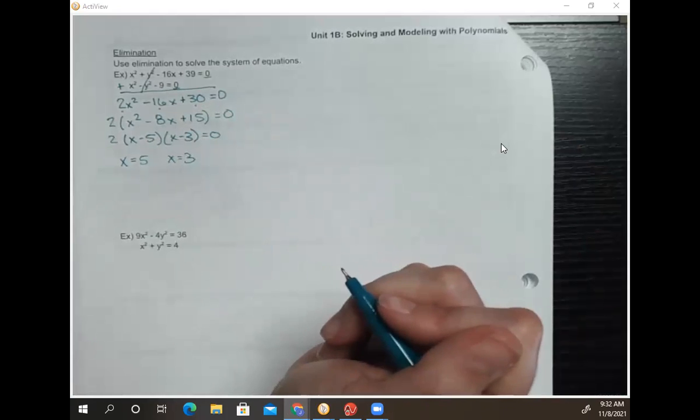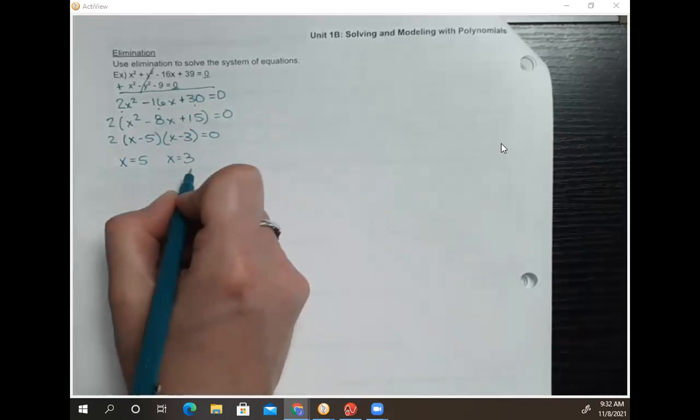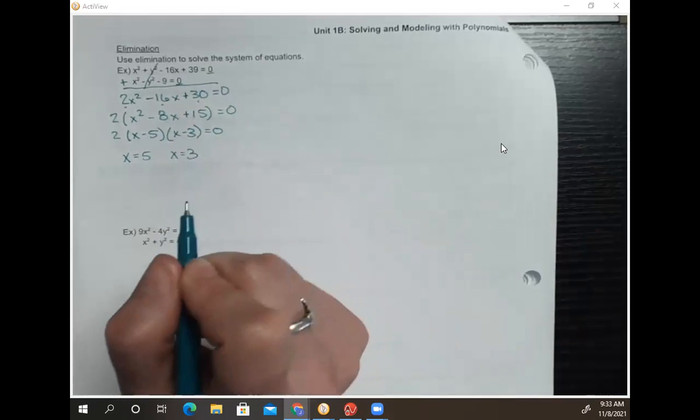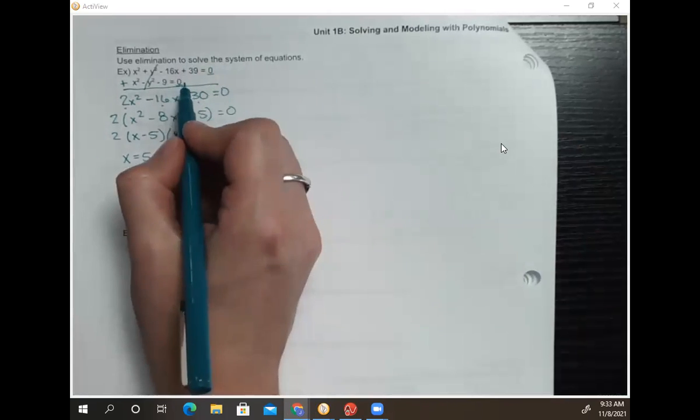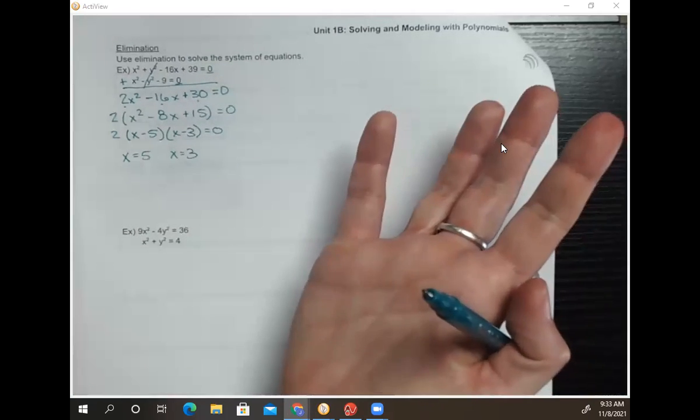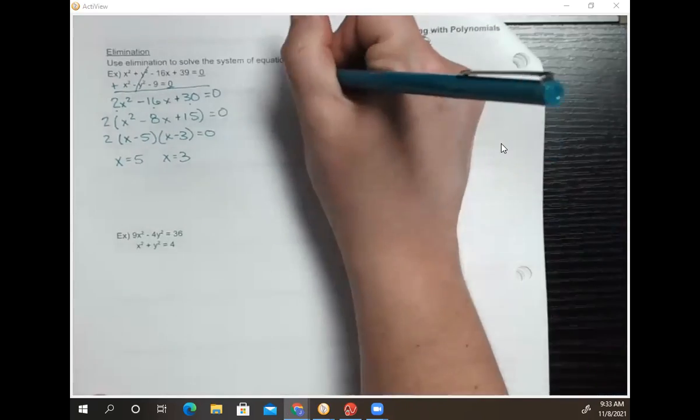And then just like we did with our substitution method, I'm going to take my x values and plug them into one of my original equations to solve for y. I'm going to choose to plug into the bottom equation here. If I plugged into the top, I would have to plug x into 2 different places. So I'm just going to opt to plug them into the bottom, so I only have to plug them into one spot.